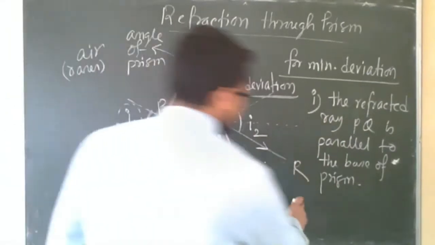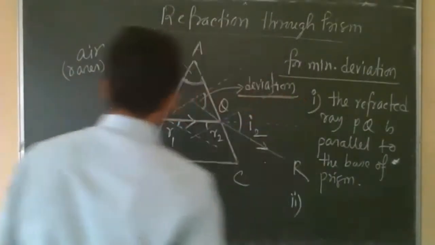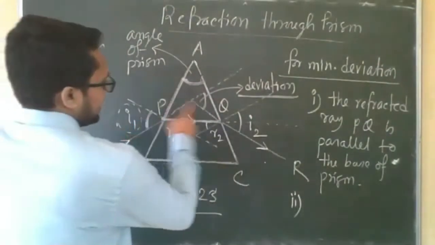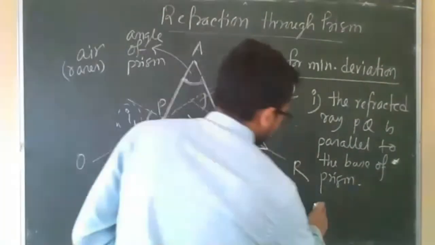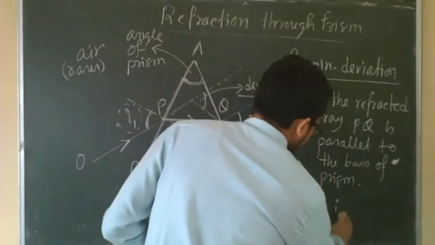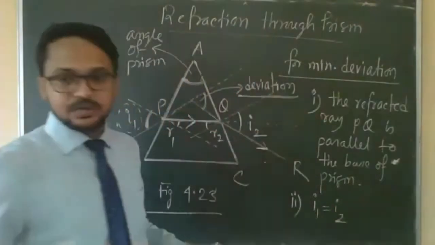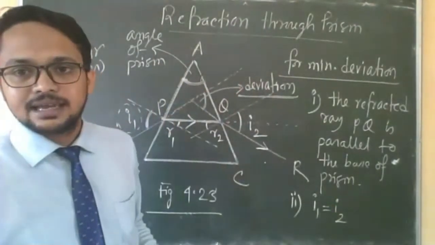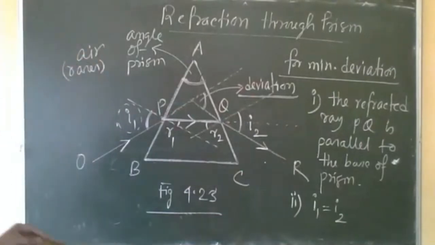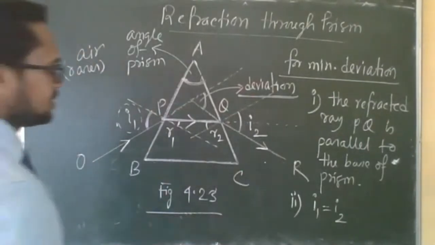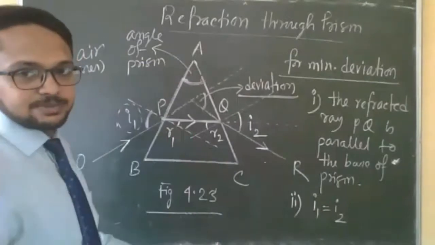This is the first condition, and the second condition is that the incident angle and the emergent angle, I1 and I2, will be equal. I1 equal to I2. This is also an experimental fact.